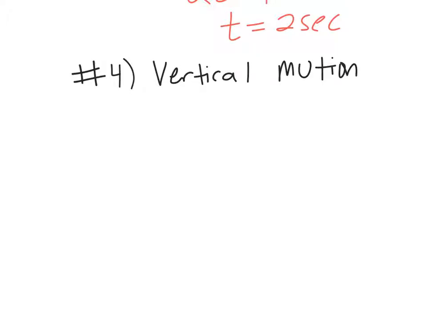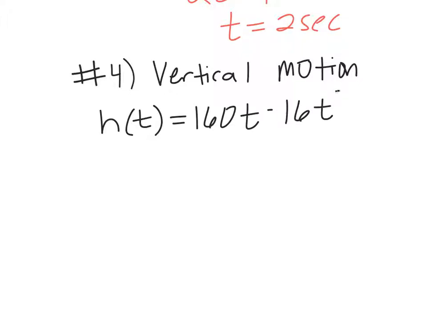So we're gonna be on an XY plane. Okay, so it says that a dynamite blast sends a rock into the air with the motion h of t equals 160t minus 16t squared, describing the height in feet, and t is in seconds.